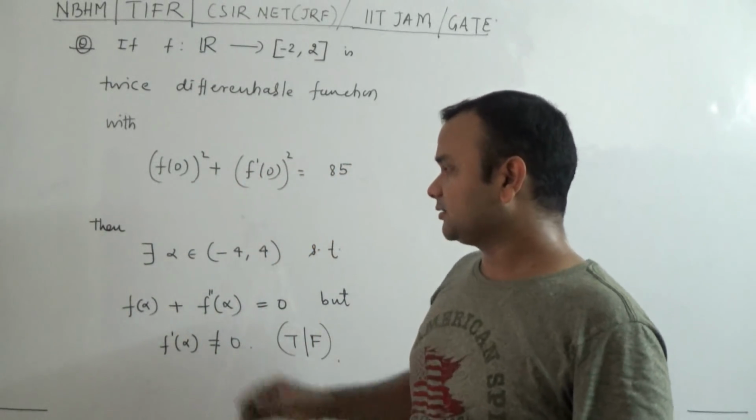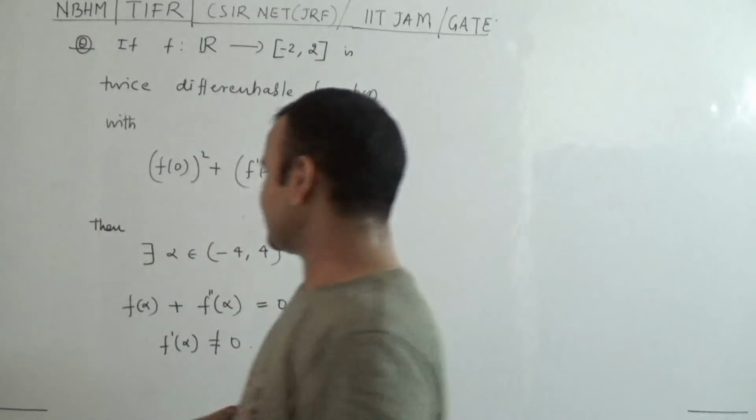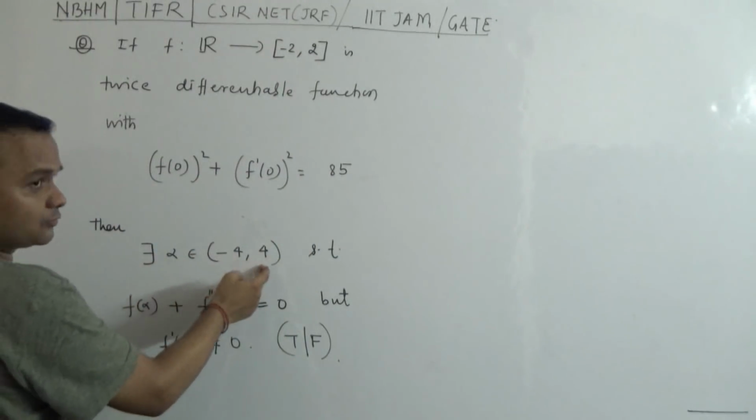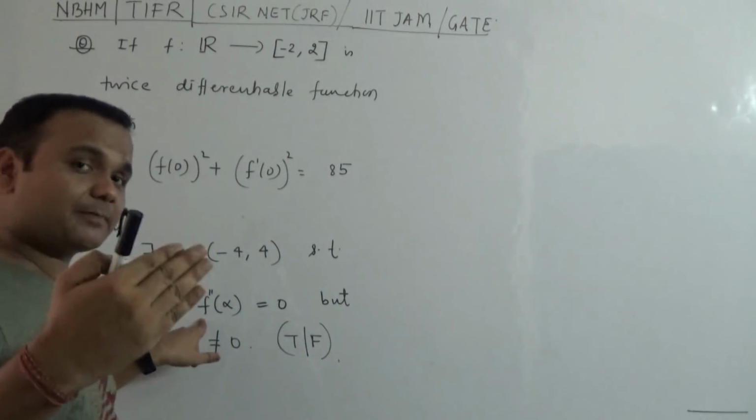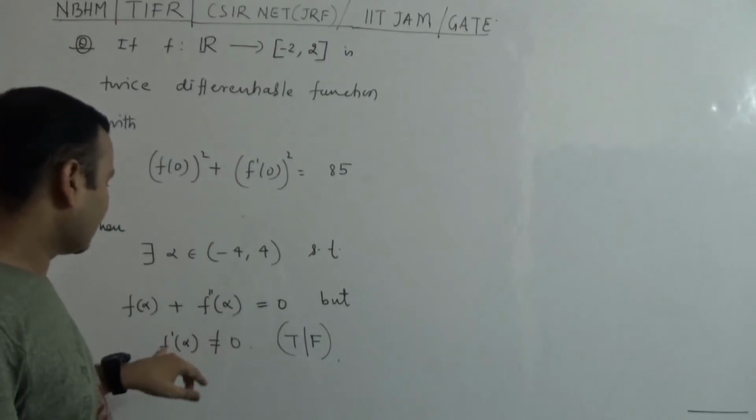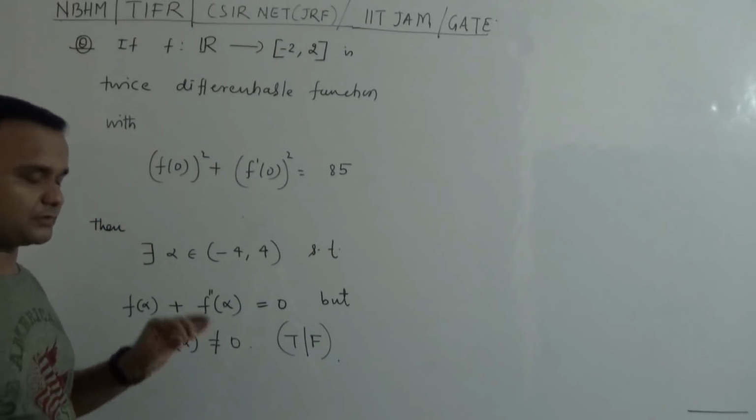Then the claim is that there exists alpha in (-4, 4) such that f(alpha) plus f double prime(alpha) is equal to 0, but f prime(alpha) is not equal to 0.